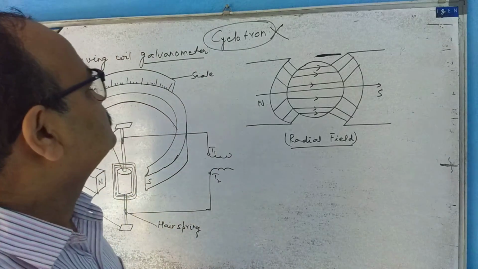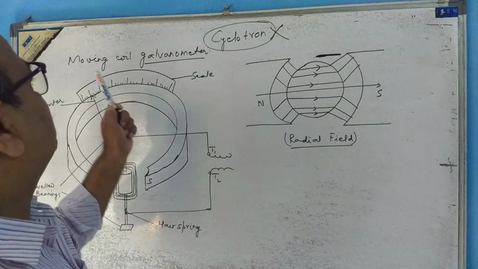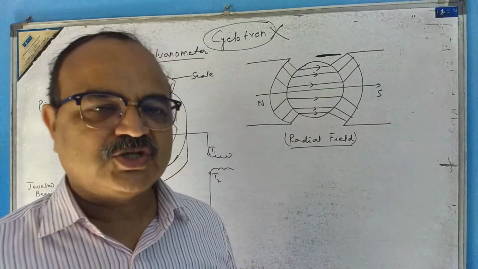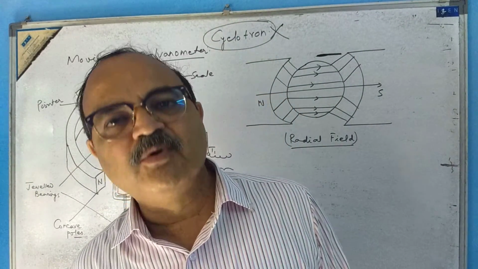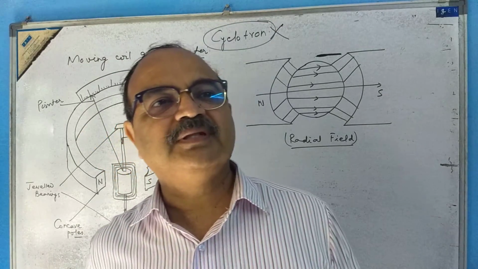Now, let us come to the moving coil galvanometer, with the help of which the current in a circuit can be measured. In a moving coil galvanometer, what happens?